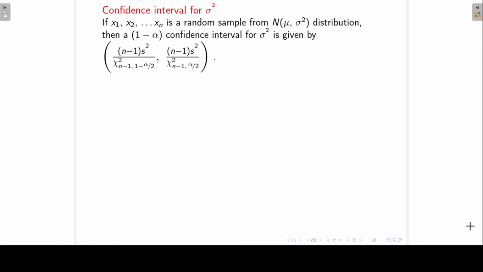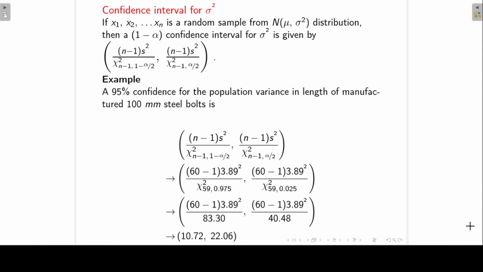So now we can set up a confidence interval for our example. Our n is 60, so n minus 1 is 59. S squared, it was given that the standard deviation is 3.89, so s squared will just be 3.89 squared. And then we want to find our chi-square values.